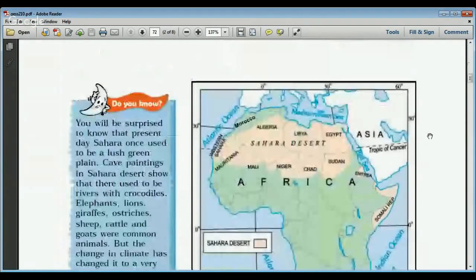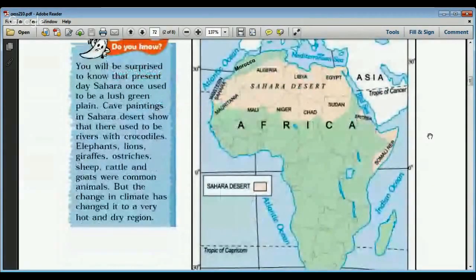This is the location of the Sahara on the map of Africa, and you can see that Sahara covers 11 countries, and it extends up to the Eritrea and Somali region.